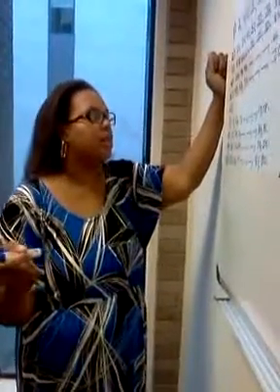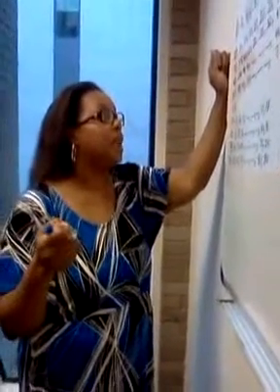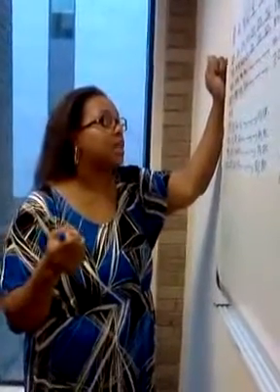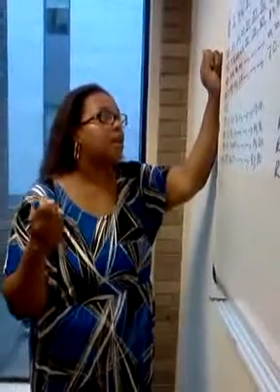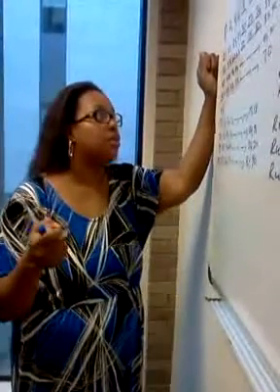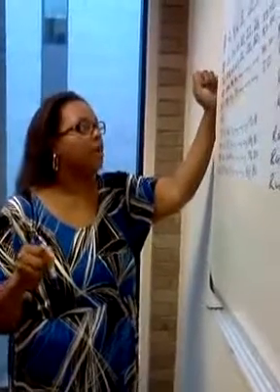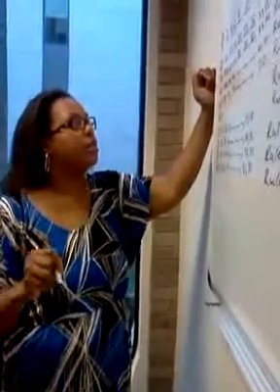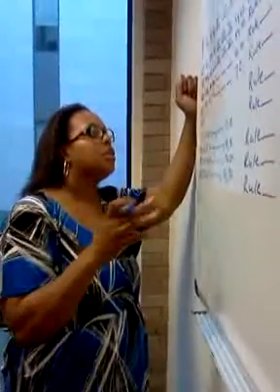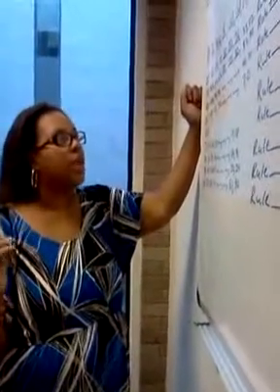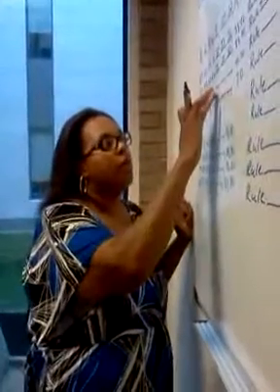Let's count. 100, 99, 98, 97, 96, 95, 94, 93, 92, 91, 90. And so we do the same to get from 90 to 80. Take a guess and tell me what you believe our first blank will be.